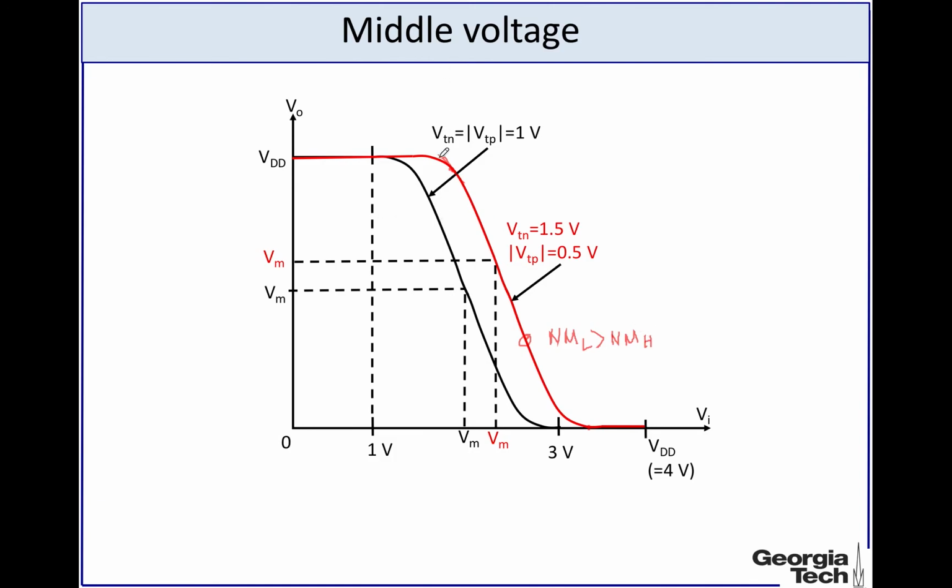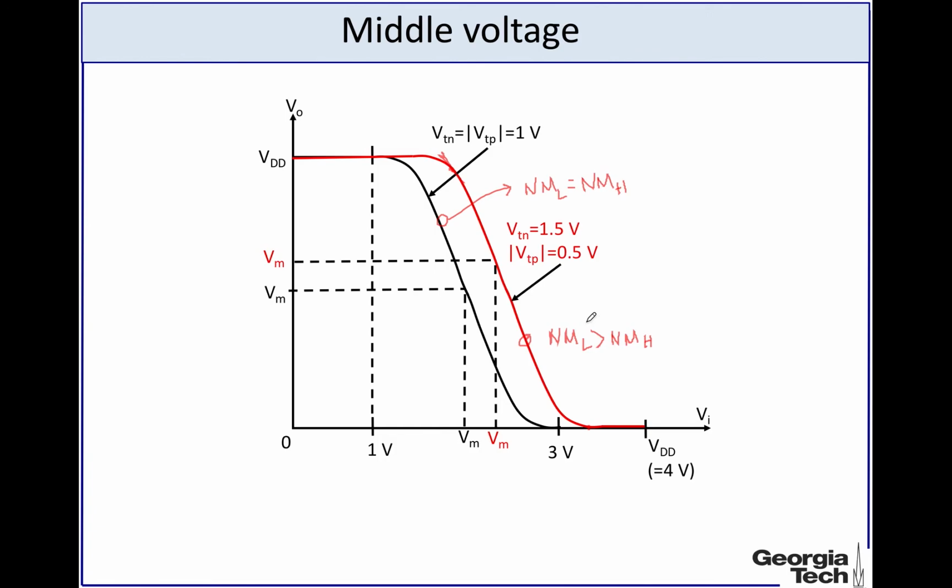On the other hand, for the black curve it is symmetric, and for the black curve your noise margin low will be equal to noise margin high. Now which one would you prefer? The case where the noise margin low and noise margin high are equal, or the case where one is larger or smaller than the other?